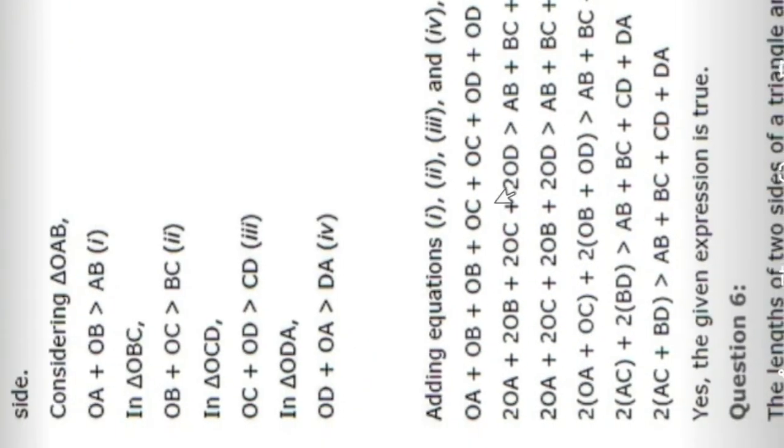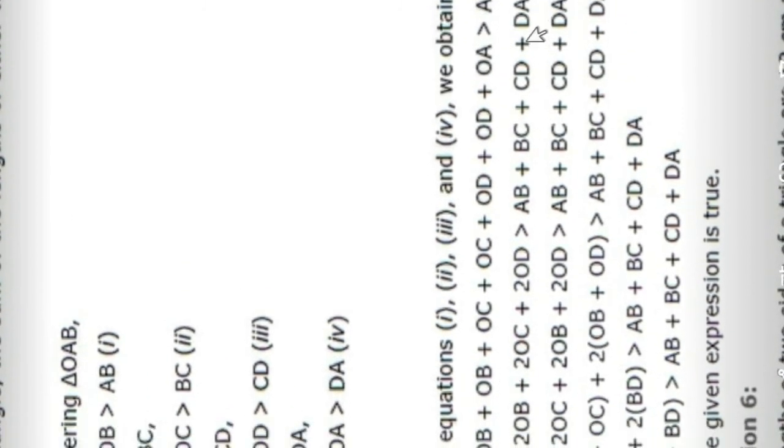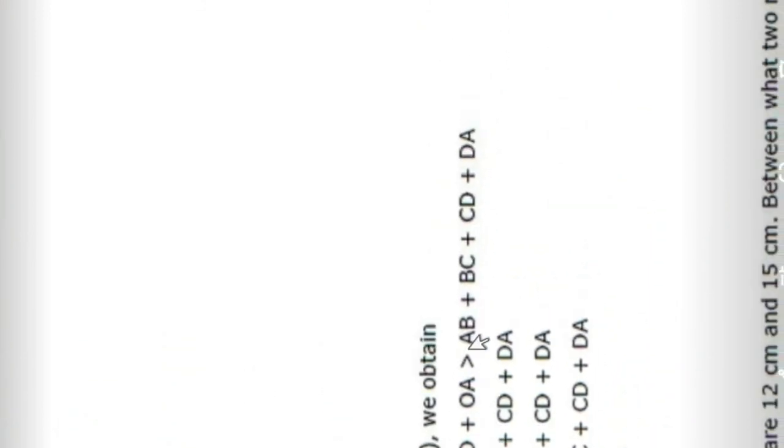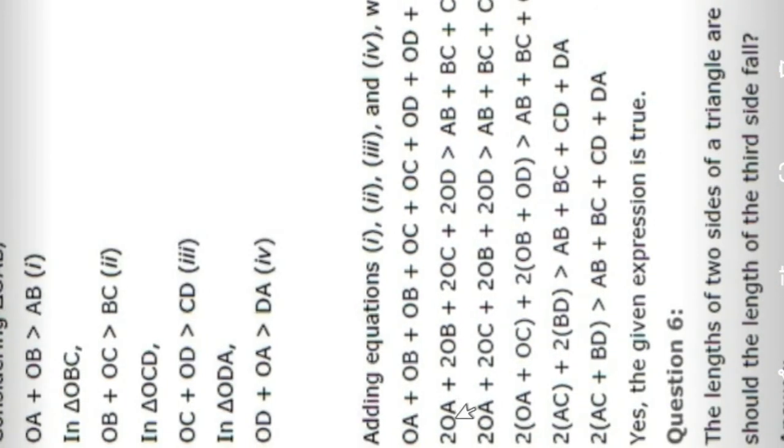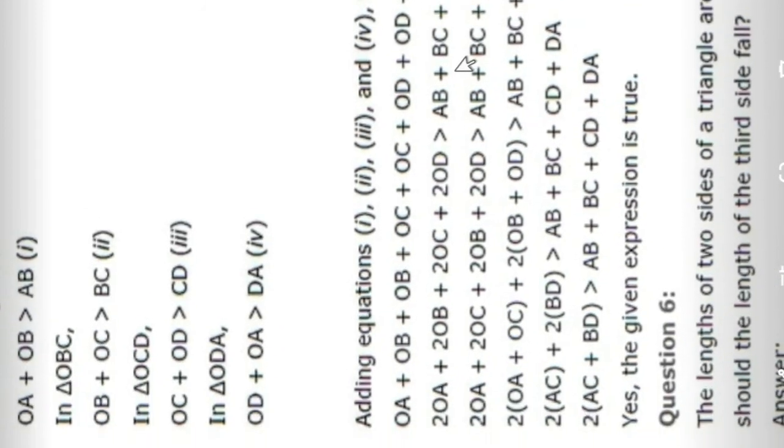Now here again we can see each is occurring 2 times. OA is 2 times, OB is 2 times, OC is 2 times, OD is 2 times. So 2OA plus 2OB plus 2OC plus 2OD is greater than AB plus BC plus CD plus DA.